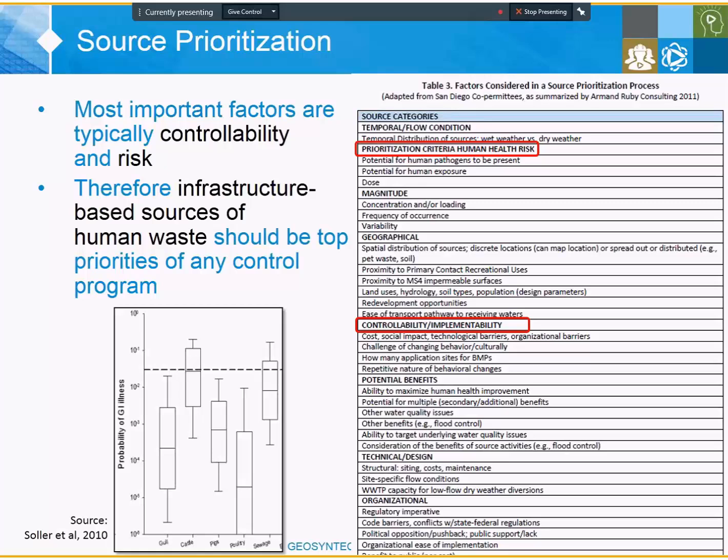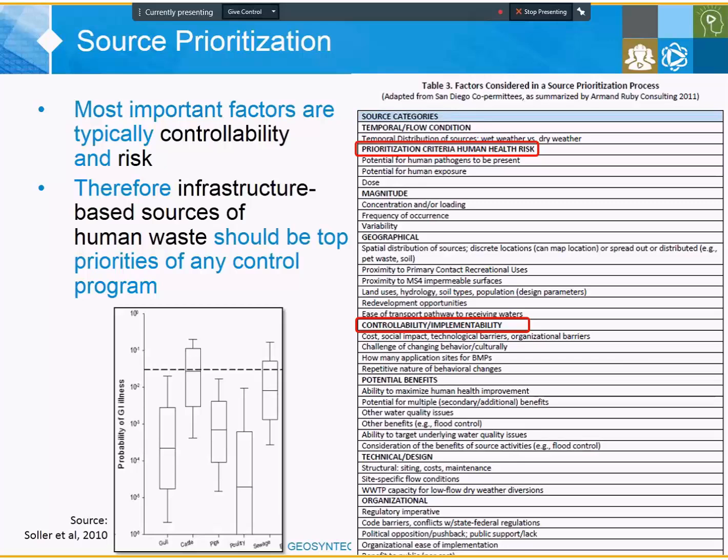I think it's pretty well understood at this point that human waste, as shown here in this QMRA publication by Jeff Soller back in 2010, sewage is the greatest source of risk among non-human sources. An exception here is with cattle. I guess there's just a lot of human pathogens found in cattle waste.